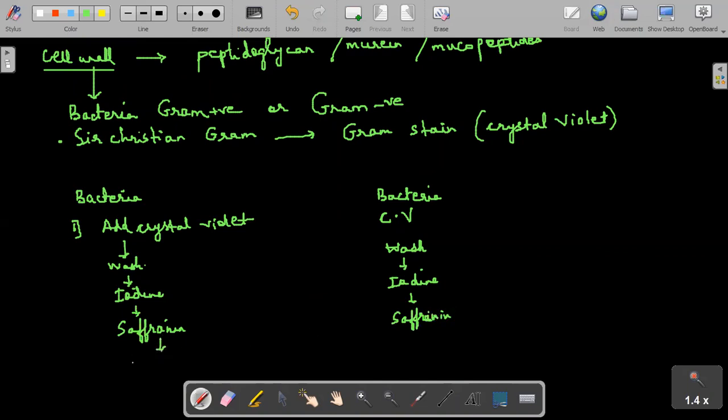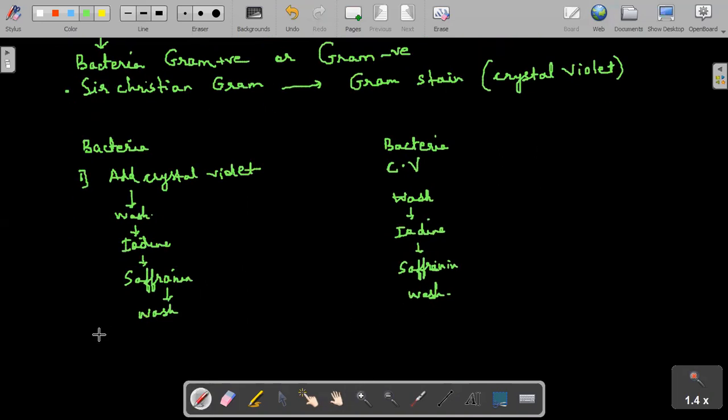And then I wash it. Let's say after doing all these steps, I see that this bacteria is purple violet in color, and let's say this is pinkish red in color.